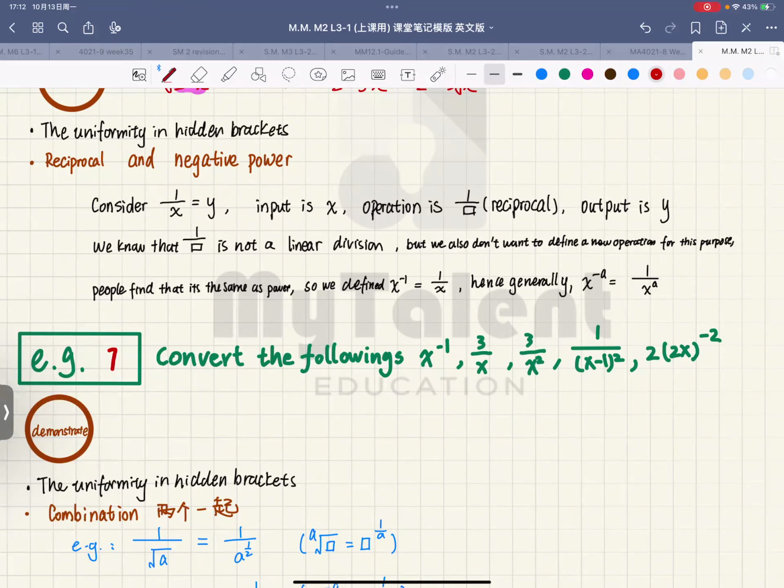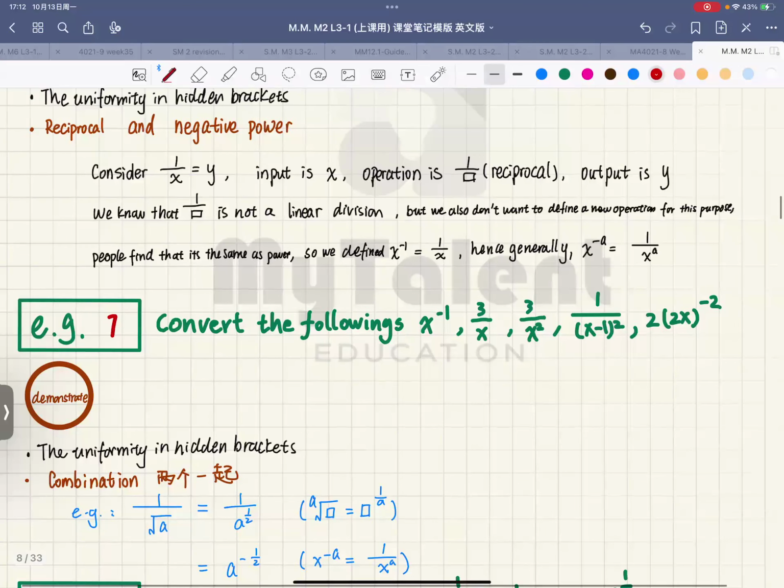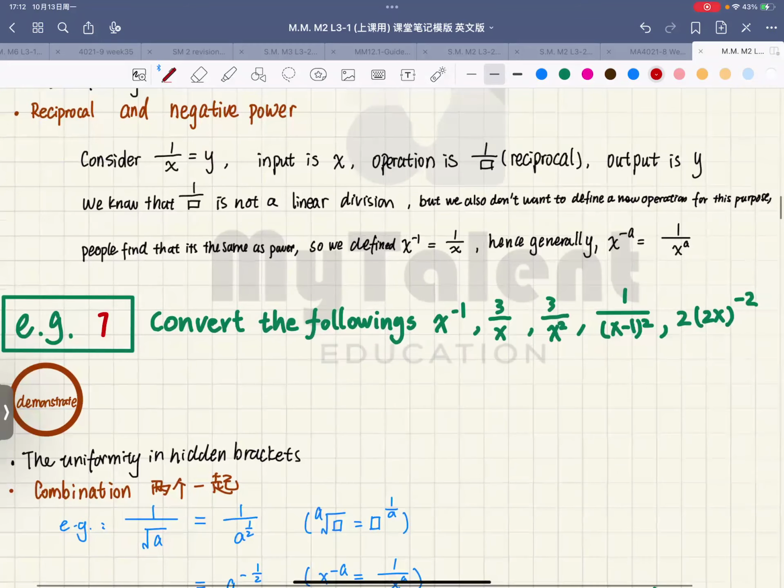It's divided, but x is a variable, it's not a constant. So it's not a linear division, but we also don't want to define a new operation for this purpose, right? So basically, people find that it's the same as a power, so we can define x to the power of -1 is equal to 1 over x.